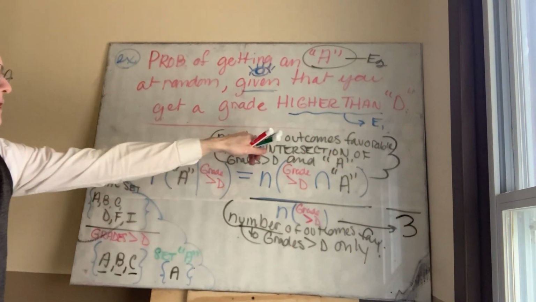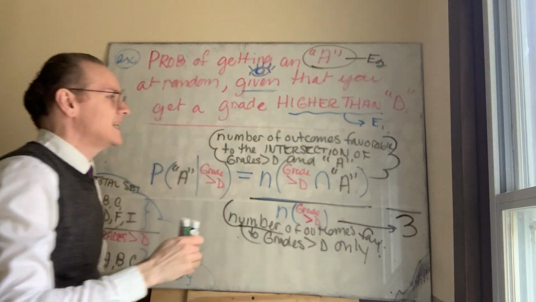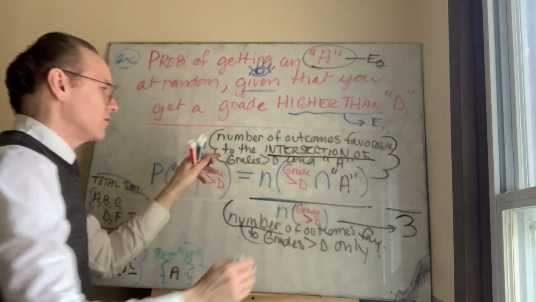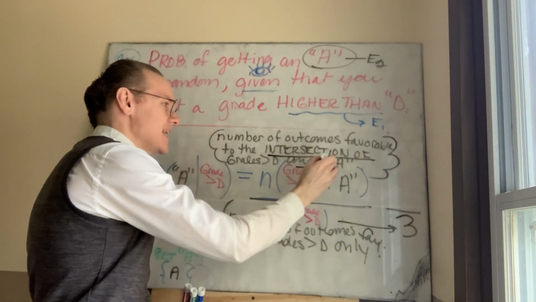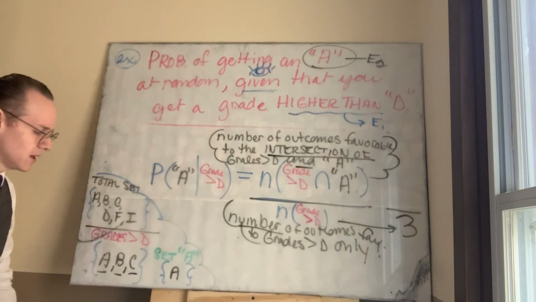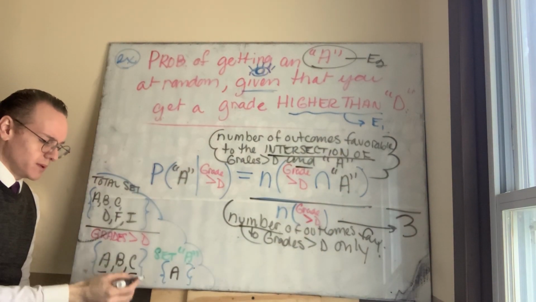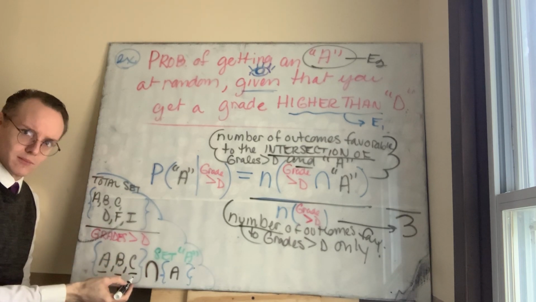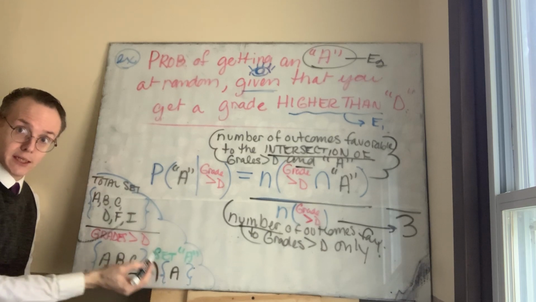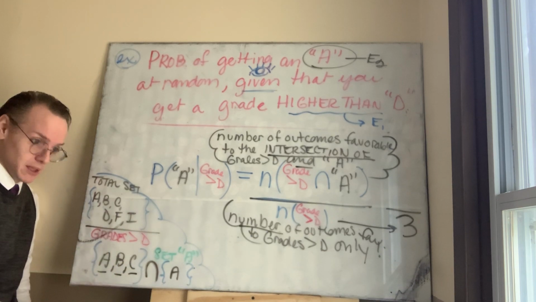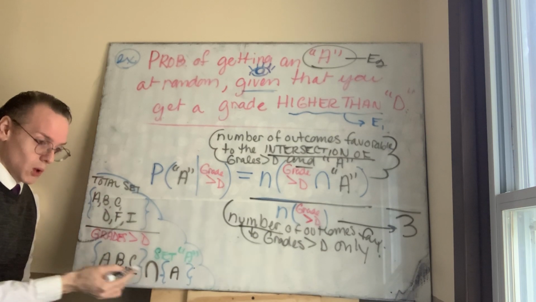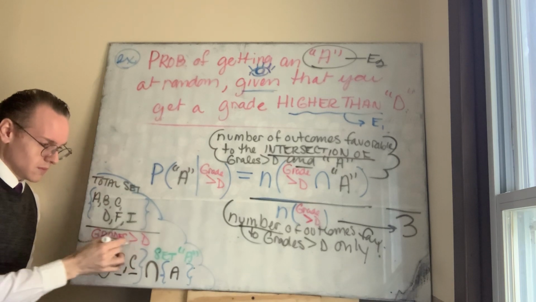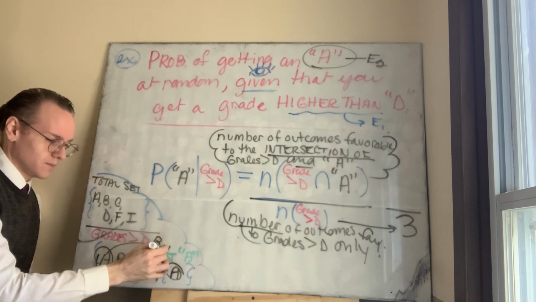If we're considering the number of outcomes favorable to the intersection of grades greater than D and A, the intersection would be the intersection of these two sets here, the set of 3 elements and the set of 1 element, and it would only be the things that they have in common. What is in both? This is what is in both.